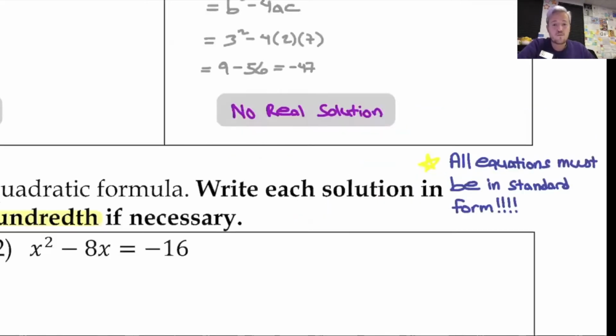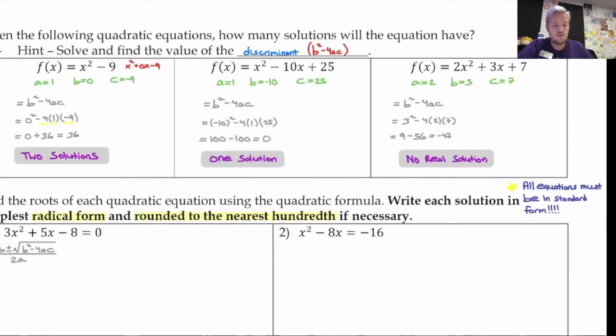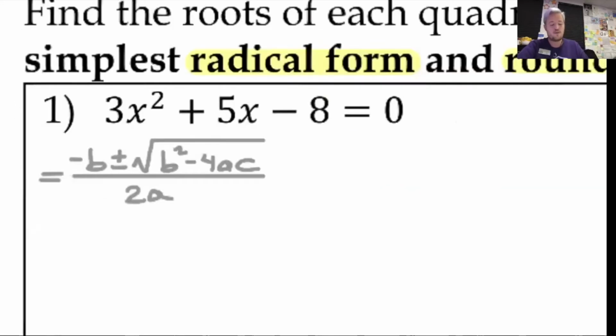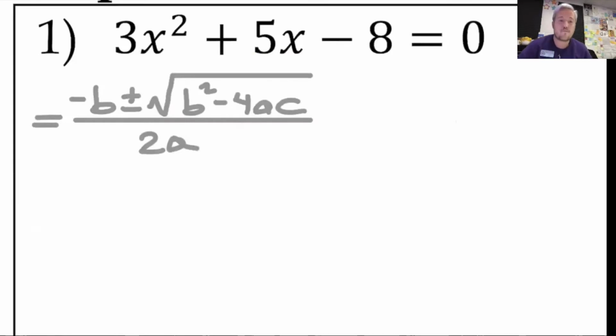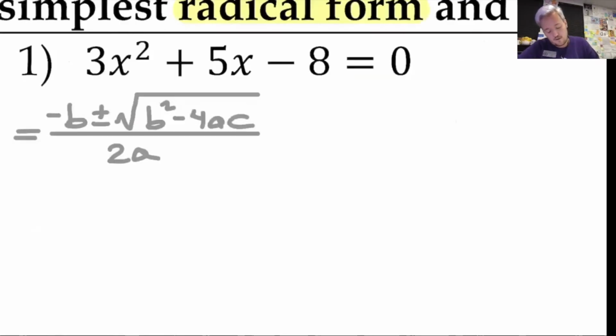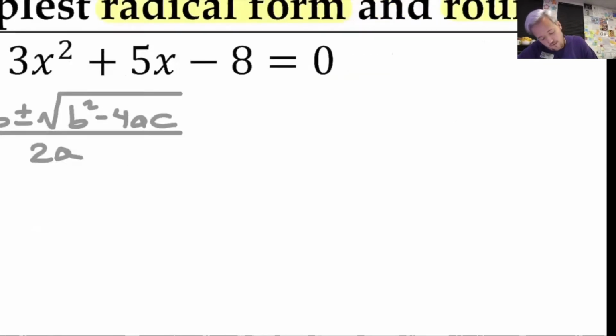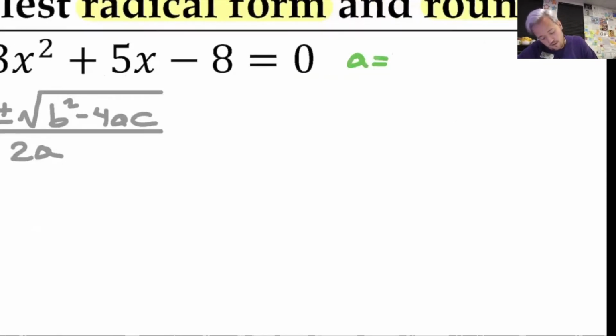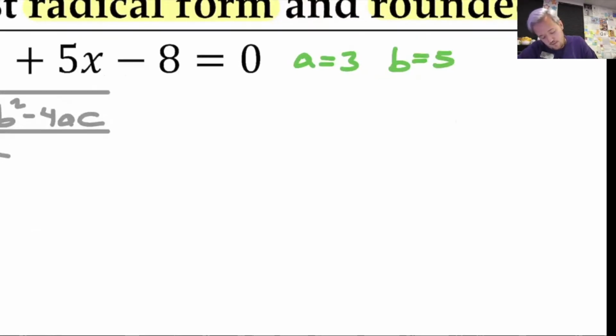All right, so over here, we're going to start with number 1. So once again, start with identifying your A, B, and C values. All right, so I'm going to do it over here. So your A value is 3, and we have a B value of 5, and a C value of -8.